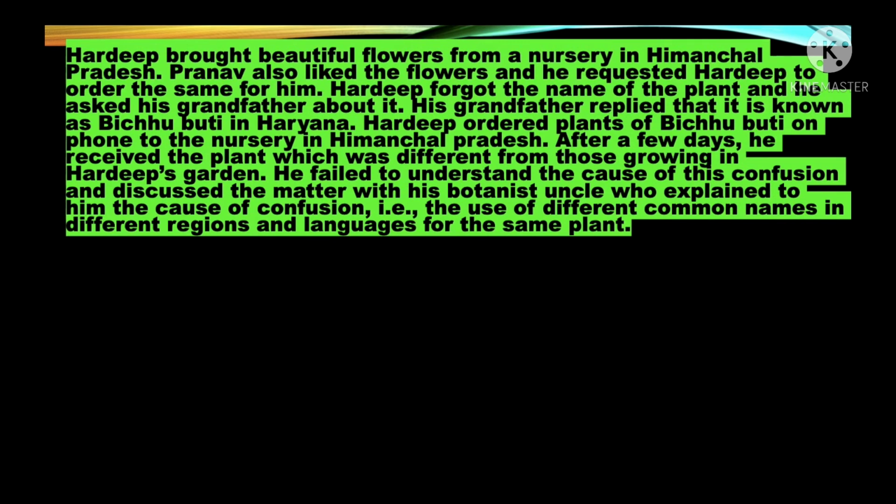Now, the next paragraph is: Hardeep brought beautiful flowers from a nursery in Himachal Pradesh. Pranav also liked the flowers and he requested Hardeep to order the same for him. Hardeep forgot the name of the plant and he asked his grandfather about it. His grandfather replied that it is known as Bichu Butti in Haryana.